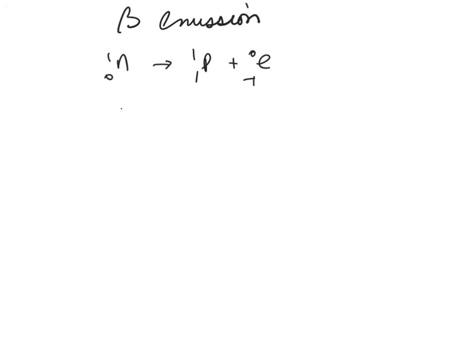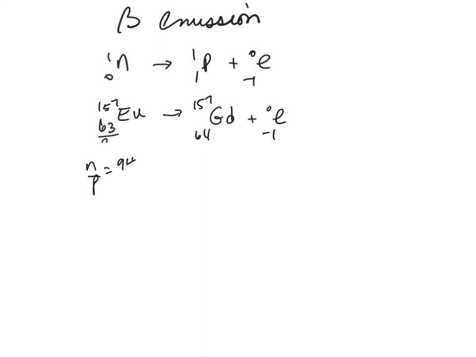Example here is europium 63-157 forming gadolinium 64-157 plus an electron. N over P ratio, we calculate 94 for the neutrons, excuse me, and 93 for the neutrons here.